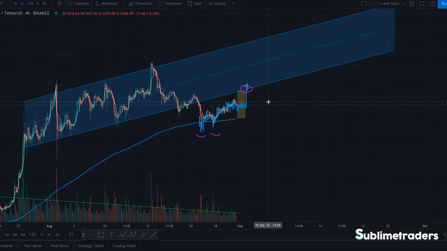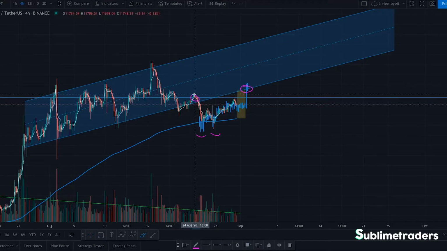Until we get there, however, we have another resistance at about 11,750, which is correlated with multiple peaks we've had here. So here we have some resistance, also here.